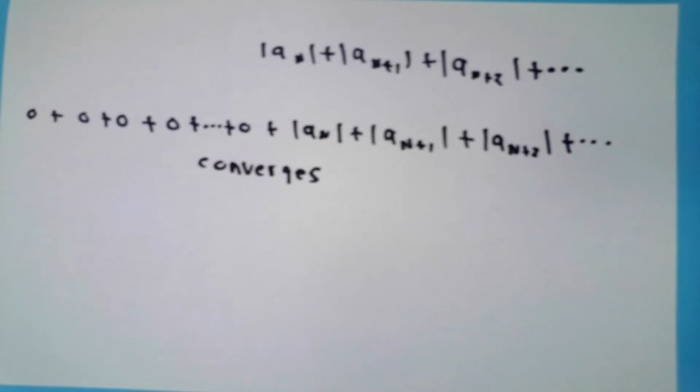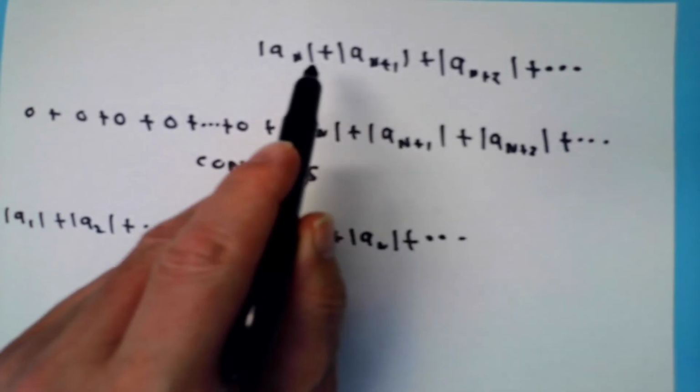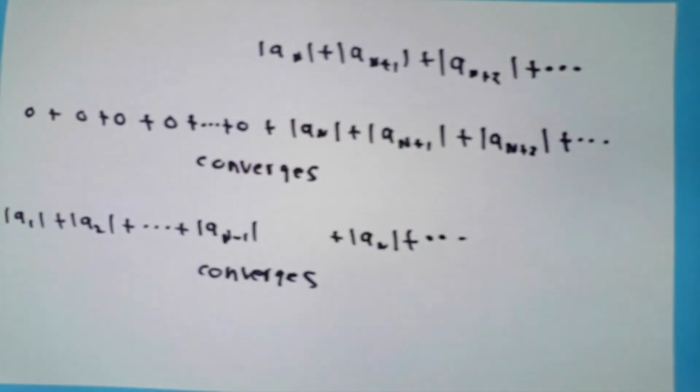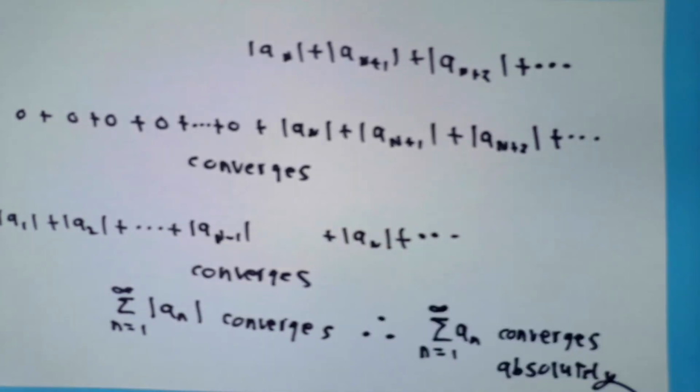So, alter the first 0 to the value absolute A1, the second one to absolute A2, and so on out to the finite number of terms absolute A_{N-1}. Since we know this converges, and therefore this converges. This tells me that the sum of the absolute values of the A_n's converges. That's the definition of the original series converging absolutely.